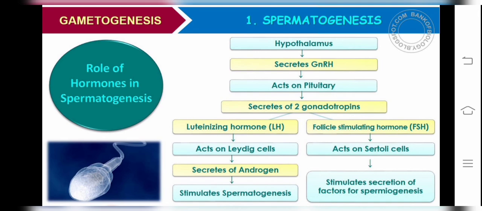Sorry, luteinizing hormone acts on Leydig cells, and these Leydig cells secrete androgen, a hormone which is responsible for secondary sexual characters in male, and it also stimulates spermatogenesis. Clear? And the second hormone of the pituitary, called follicle stimulating hormone or FSH, acts on Sertoli cells and stimulates the secretion of certain factors for spermiogenesis.